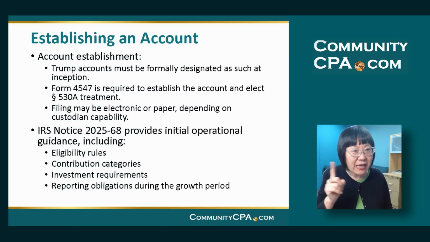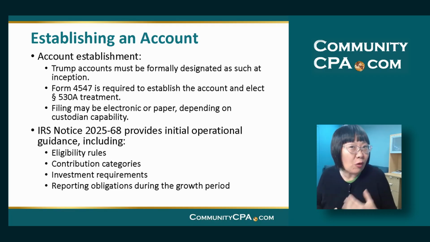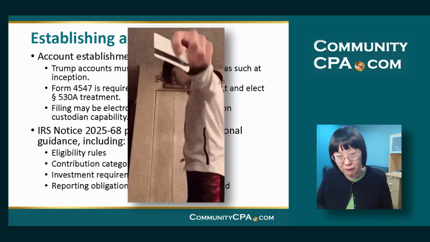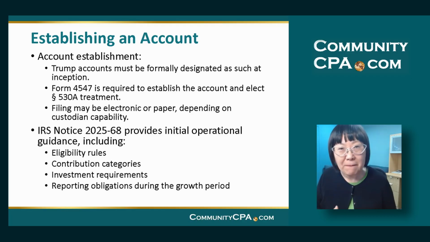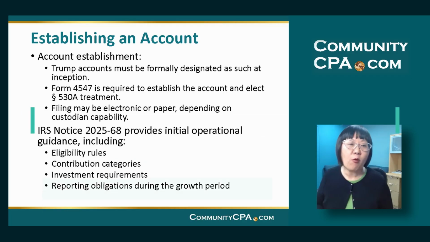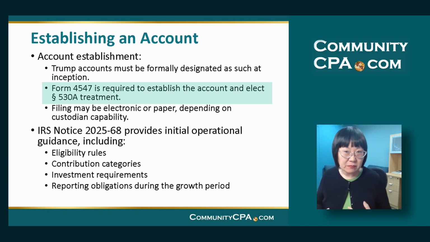To establish an account, it is not like you go to any bank and say, I want a Trump account. They don't set it up for you. The Trump account is set up by the Treasury Department. So when you submit Form 4547, the form numbers are all over the place, so if you want to remember, this is just the Trump account application.